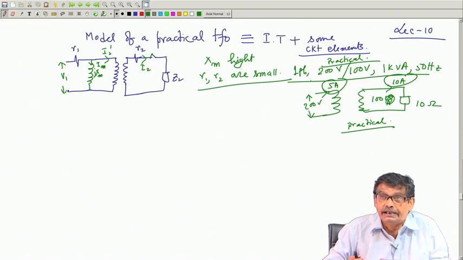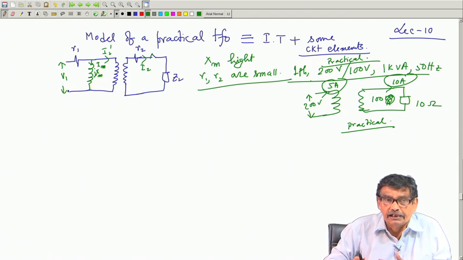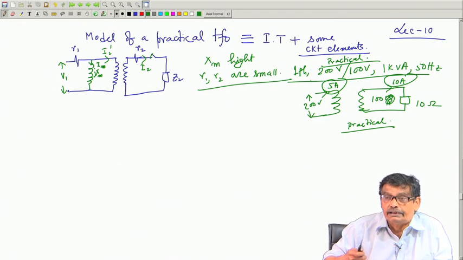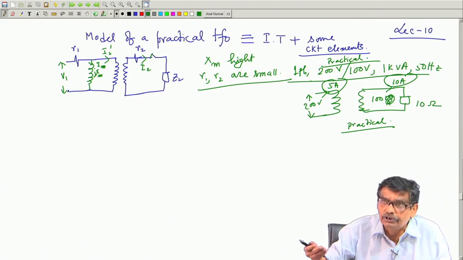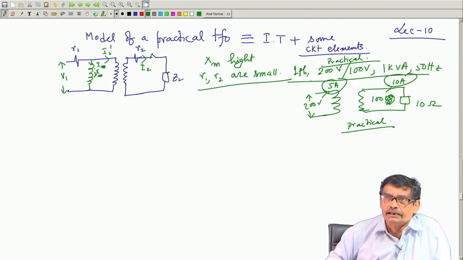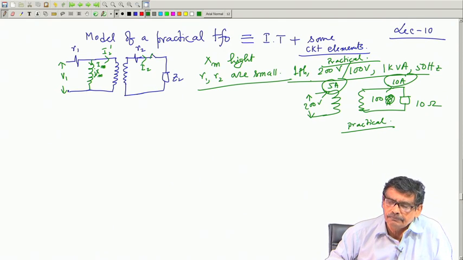The ideal transformer helps you calculate the numbers so easily, and you can always say it is very close to the correct answer. It is no mean achievement; wherever possible, use the concept of the ideal transformer.